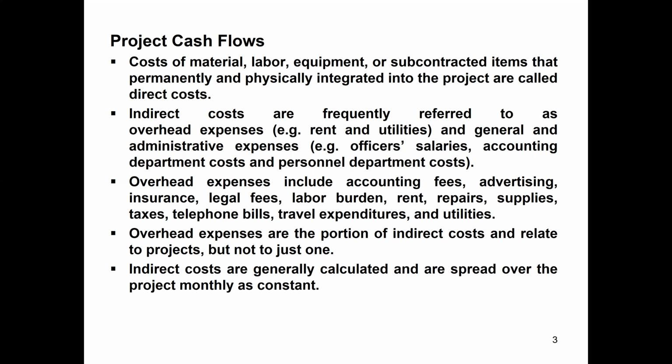Then indirect cost is many things inside. Indirect costs are frequently referred to as overhead expenses, for example rent of the office or the utilities for the site office or headquarter office, and general and administrative expenses, like engineers' salaries, officer salaries, accounting department cost, and human resource department cost.